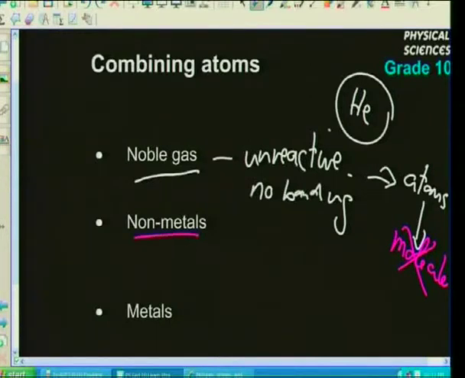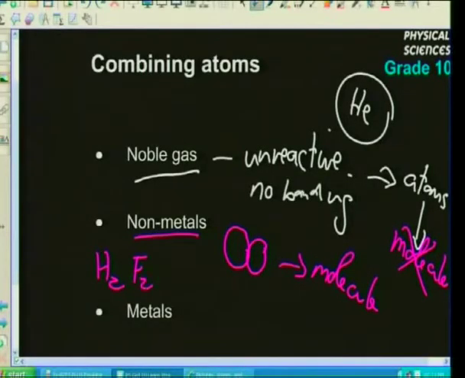When we look at the non-metals, in the simplest form, two atoms can join together to form a molecule. So here is the building block, two forming together. But it doesn't just have to be two. Hydrogen and hydrogen join together to form a hydrogen molecule.